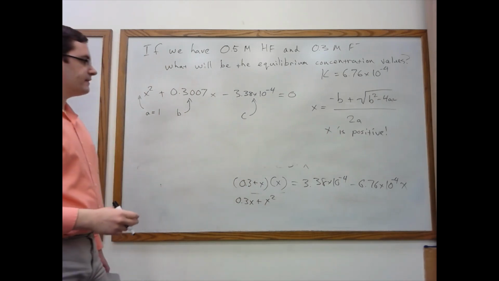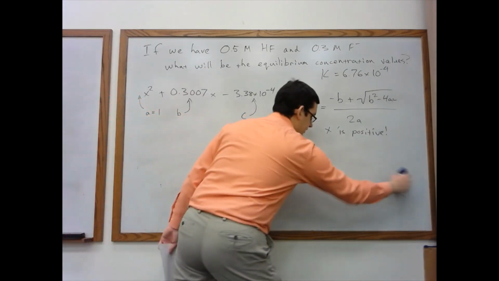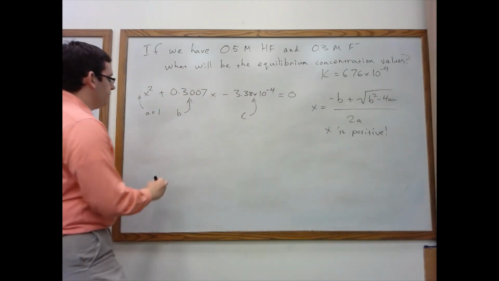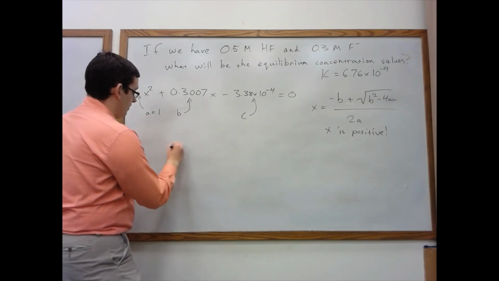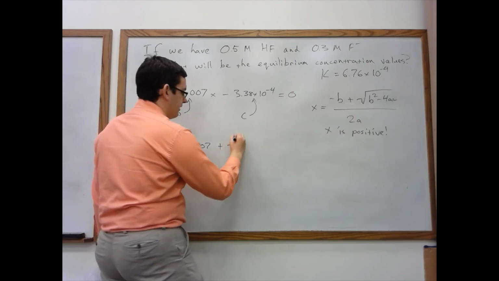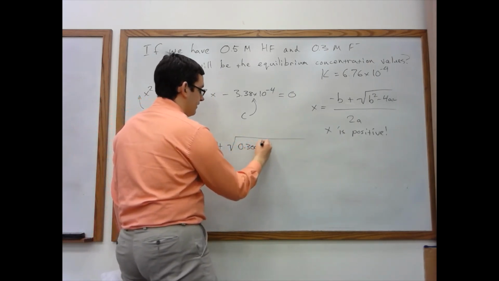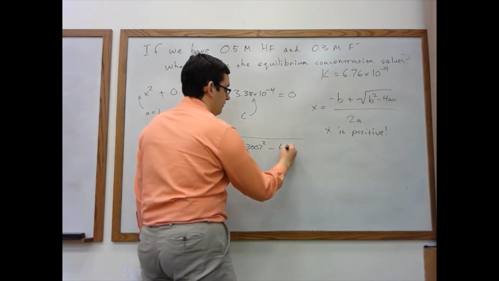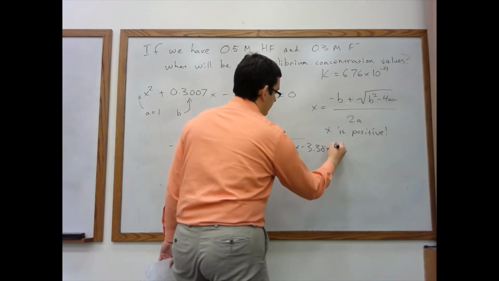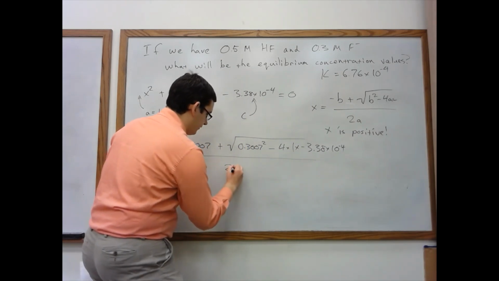Okay, so now we can substitute our values into the quadratic equation. So we have negative 0.3007 plus the square root of 0.3007 squared minus 4 times 1 times negative 3.38 times 10 to the negative fourth. On the bottom we have 2 times 1, or 2.